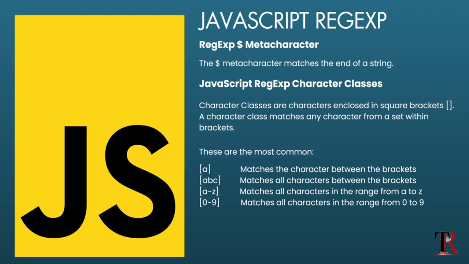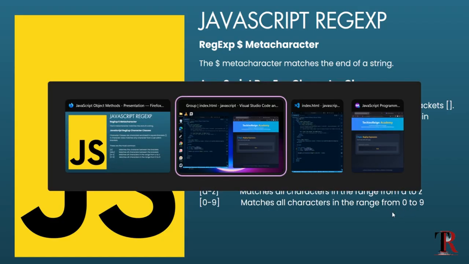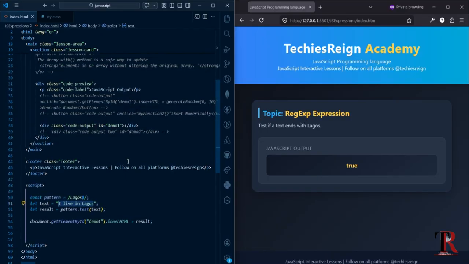And moving away from this, I want to give an example of how we can use this last pattern, which is how we can match all characters in the range from 0 to 9. So I want to give an example of how this can be achieved. So let me go back into my editor.